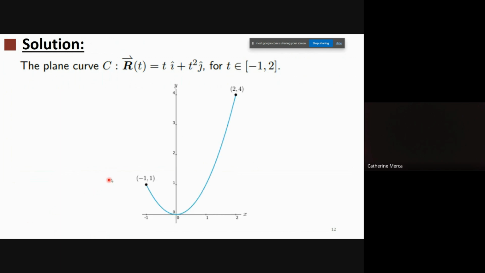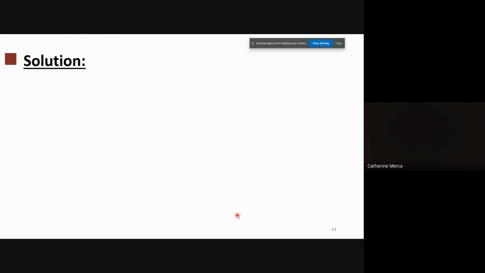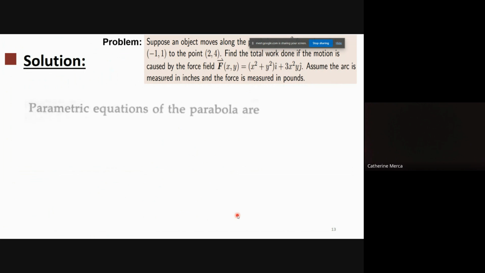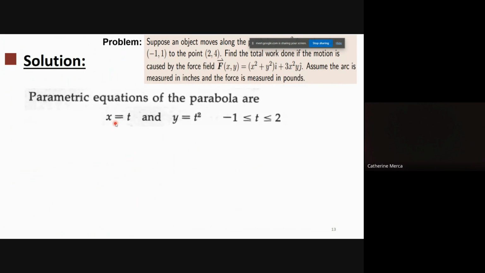Notice that the upper curve is the parabola which opens upward from (-1, 1) to (2, 4), meaning the domain of x goes from -1 up to positive 2. So if we parameterize that, we have x equal to t and y equal to t squared, for t from -1 to 2.